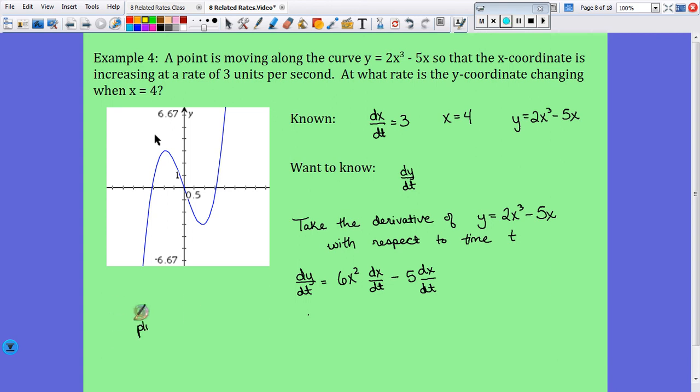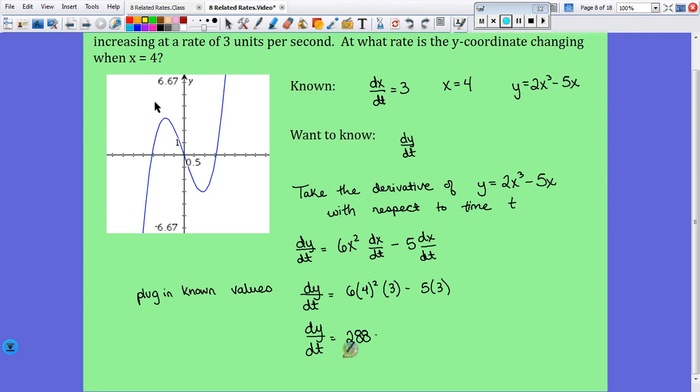And then we just plug in the information that we know. We don't know dy/dt, but we know x, we know dx/dt, and then it's just a matter of evaluating it. And because we were given dx/dt in units per second, dy/dt is also going to be in units per second.